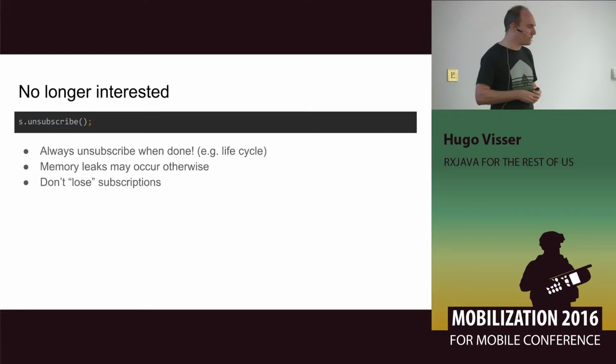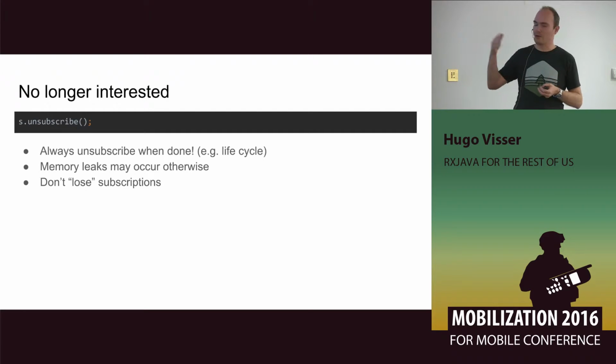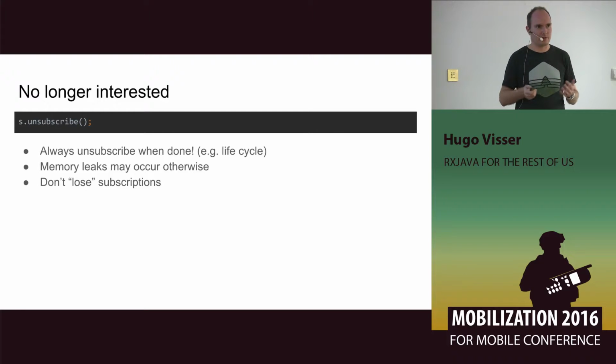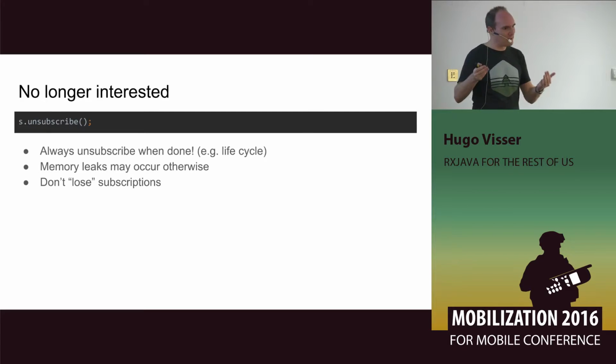If you don't unsubscribe, then, I think Enrique already mentioned it a little bit, you might leak memory because, especially when you use these inner classes, you will hold a reference to your fragment or to your activity or to whatever where you declare this callback. So don't lose these subscriptions. That's basically my point.